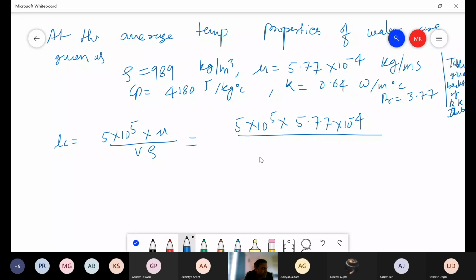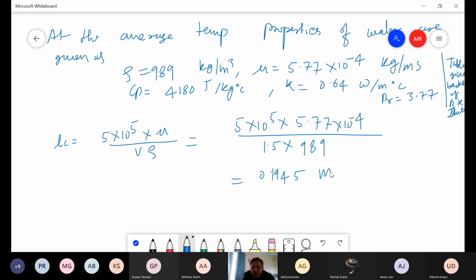What is the free stream velocity given? 1.5, isn't it? In the problem statement, 1.5 meter per second, correct. And what is the density? Density also 989. So what we get is LC comes out to be 0.1945 meter.